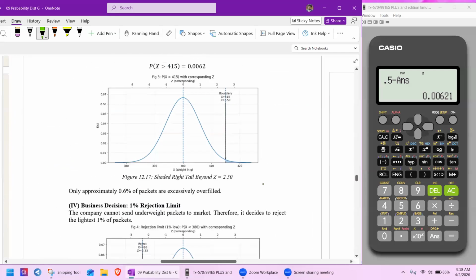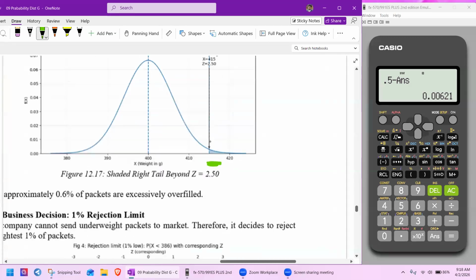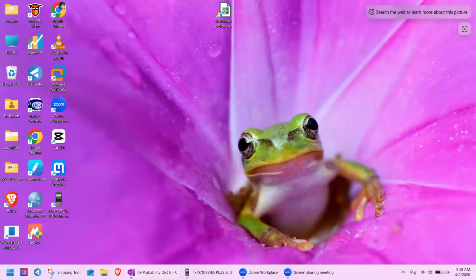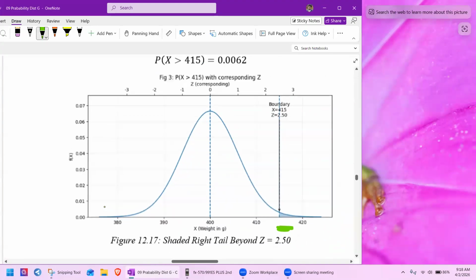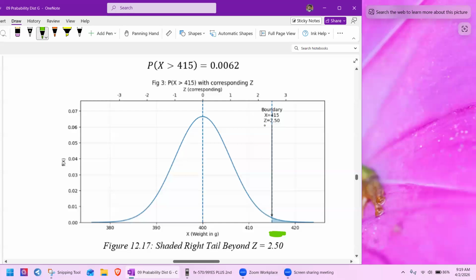So when we depict it in the graph, this is 415, and 2.5 is to the right. Or we can apply the calculator directly.